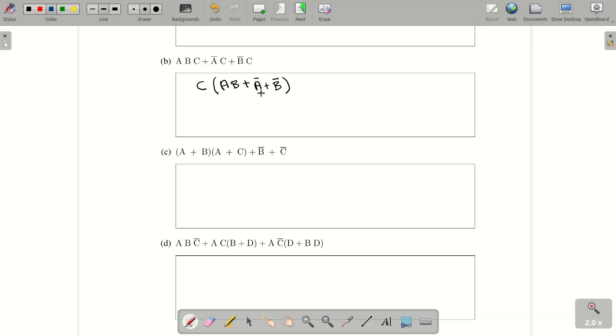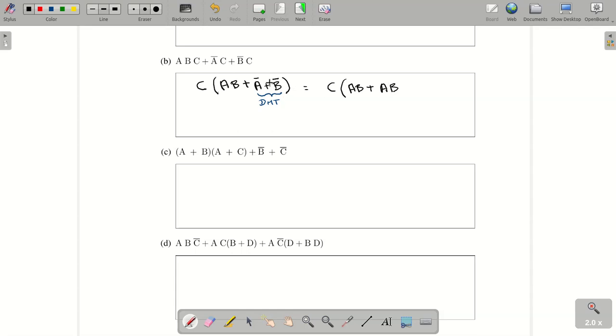Okay, and now this we can simplify further if we just realize that these two terms here, so these two together, if we apply the De Morgan's theorem to this part, we know that this is going to be equivalent to what I'm just about to write. So C, A, B, OR. So these two, we can say that this is equivalent to A, B. So remember, with De Morgan's theorem, you take what's in between the two inverted parts, you change it from OR to AND, or if it's an AND, you change it to an OR.